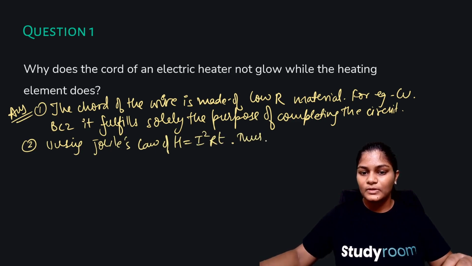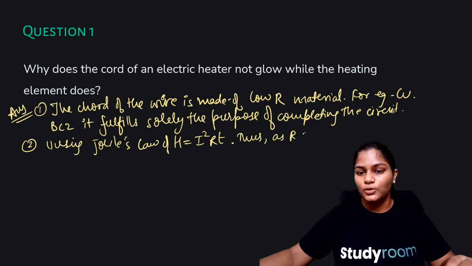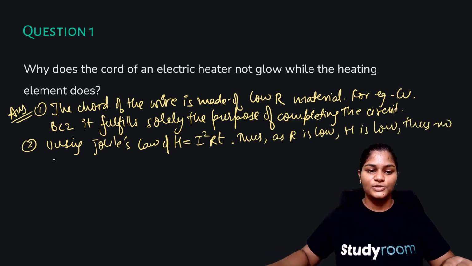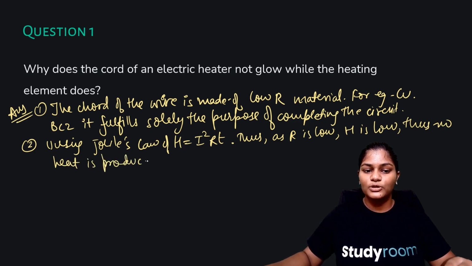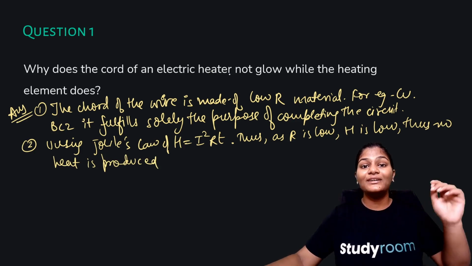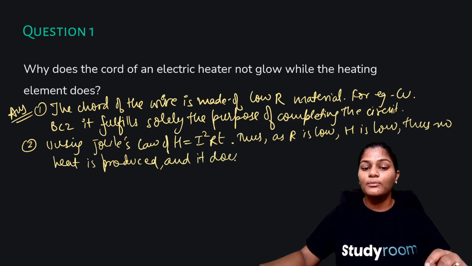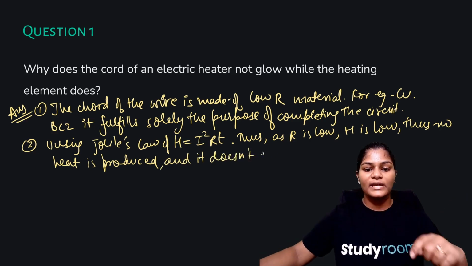Thus, as R is low, H is low, thus no heat is produced. Now we come to the part where we say why the heater element actually glows. No heat is produced and it doesn't glow. It will become more clear about the glowing part in the next point.